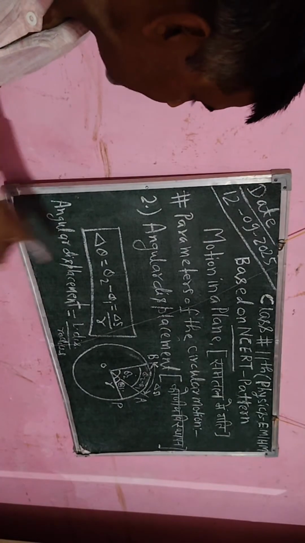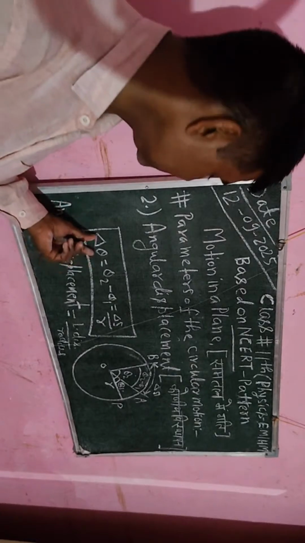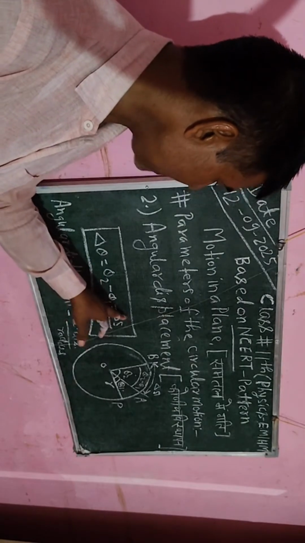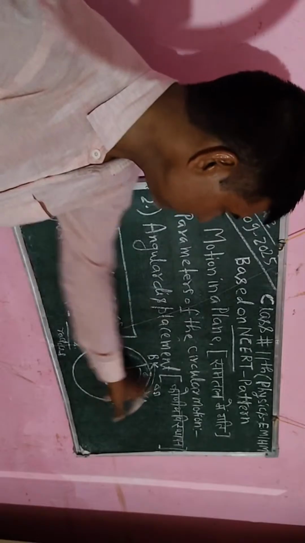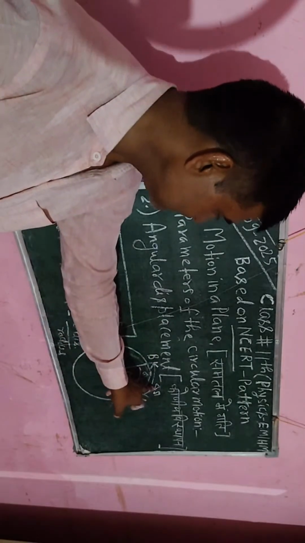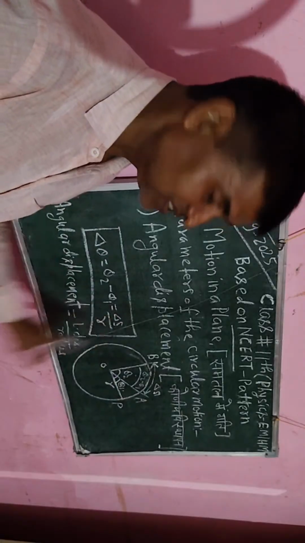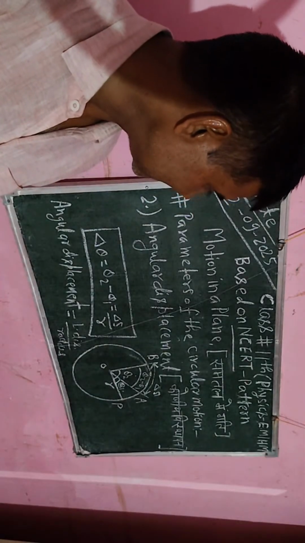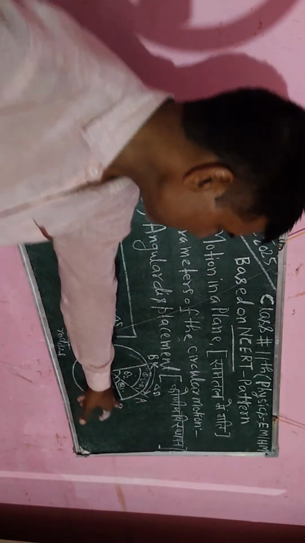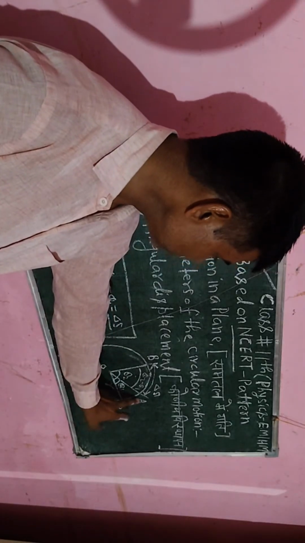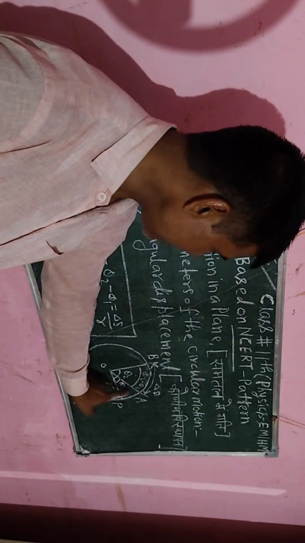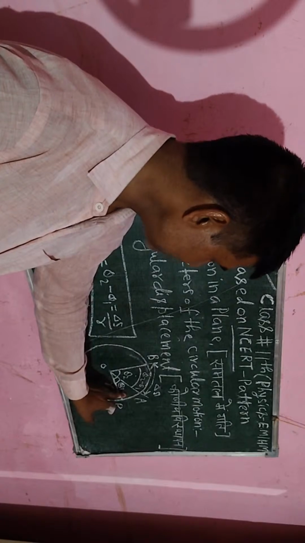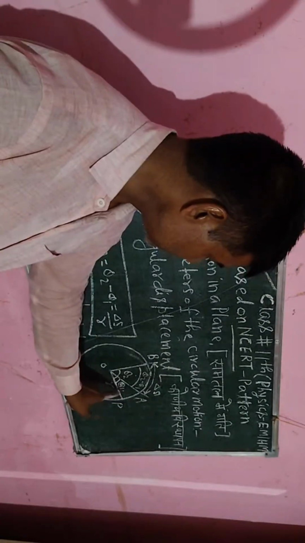Angular displacement, each and every student knows. That is theta, which is equal to theta 2 minus theta 1, and that is written in the form of R. R, A to B, is the R, and that R is delta S divided by the radius. So for the definition of angular displacement, we can say that if any particle is at point P, and after some time it moves, I get the angle of inclination, that is the minor sector theta.